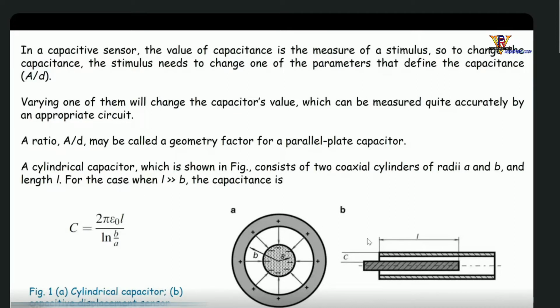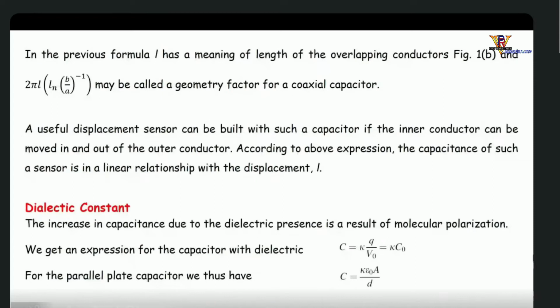If the overlapping area changes, the ratio of B by A changes, so the capacitance will definitely be different. Depending on this change, we can measure the displacement easily with the help of the capacitor. So this capacitor can be used to sense the displacement, and that's why it can be used as a sensor.